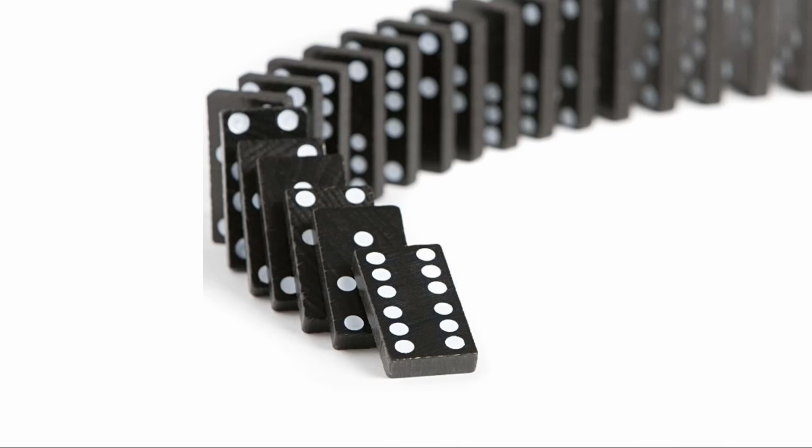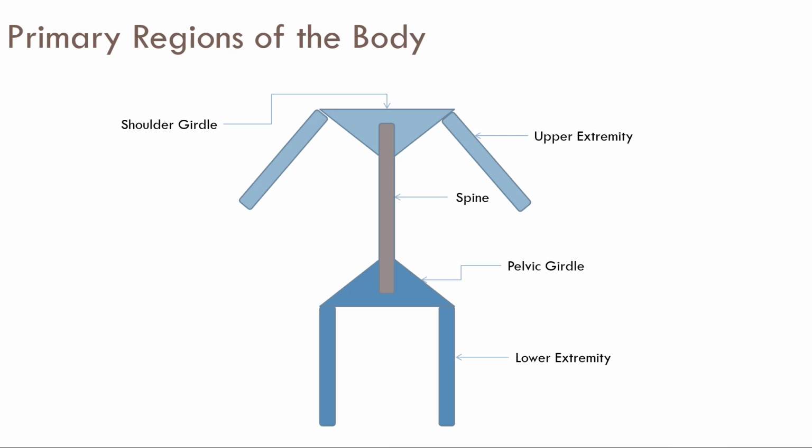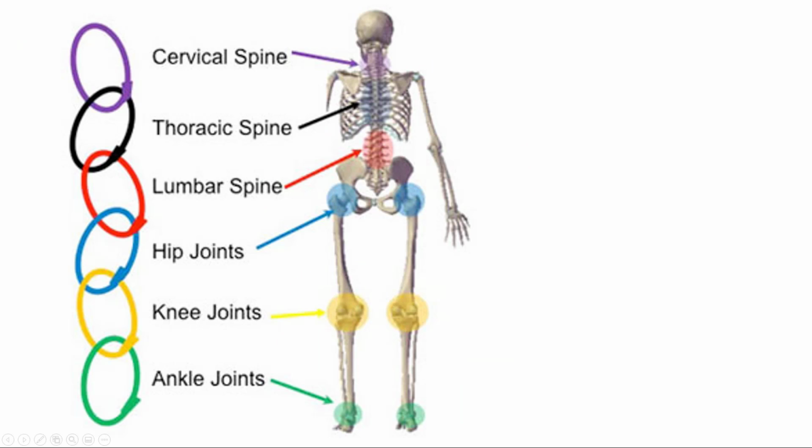So again, thinking of the body in terms of dominoes and these chains and links and how they're all interconnected. We come back to this image here where you have your upper extremity, your shoulder girdle connected to your spine, and your spine is related to the pelvic girdle, and the pelvic girdle to the lower extremity, and you can start to see these patterns or paths coming through the body. So you start looking at the body in terms of these chains: your ankle, your knee, your hip, through your spine, up through your upper extremity and down.